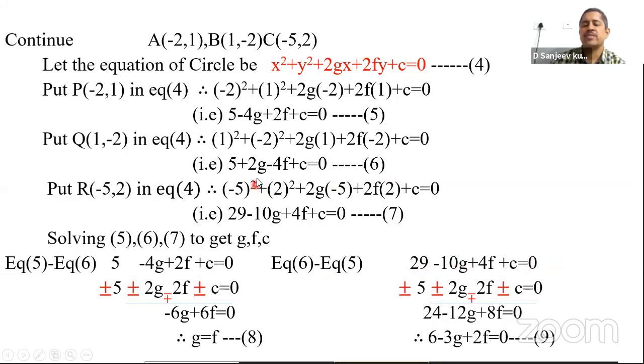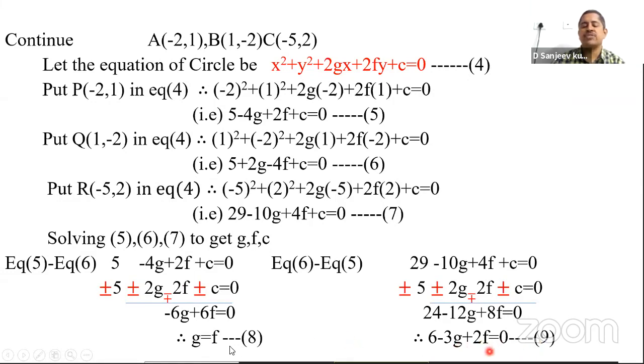Equation 5 is 5 minus 4g plus 2f plus c. So when you subtract, you get the equation number 9. So what is equation number 9 here? 6 minus 3g plus 2f is equal to 0. So equation 8 and equation 9 you got. Equation number 8 is g is equal to f. Equation 9 is 6 minus 3g plus 2f is equal to 0.